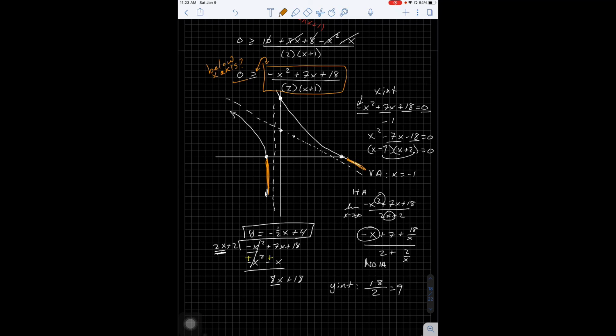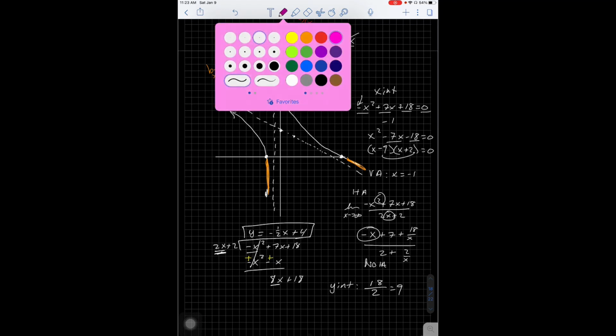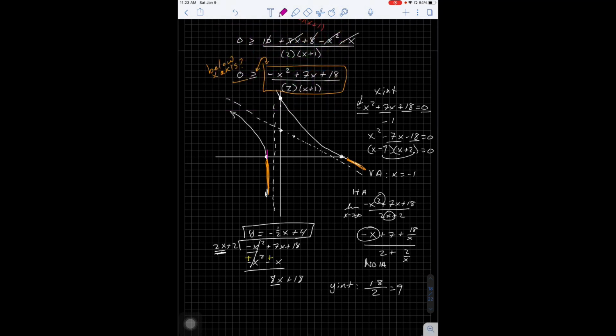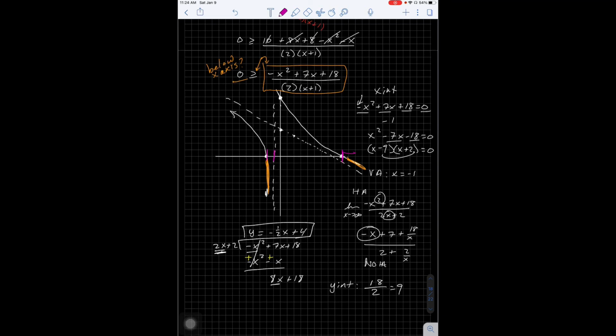And I name those regions with x values. They're going to border with the critical points: negative 2 to negative 1, that section, and then 9 on out. So my answer is going to be negative 2 to negative 1, and then 9 to infinity.